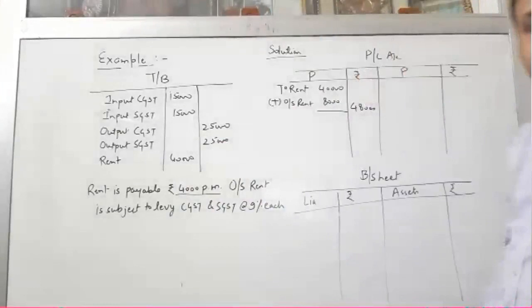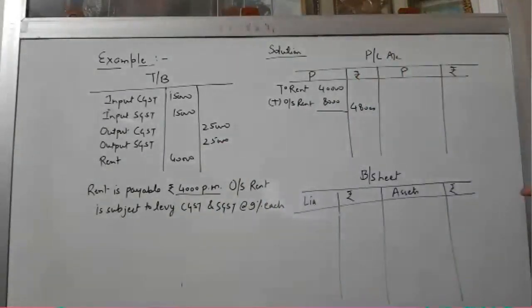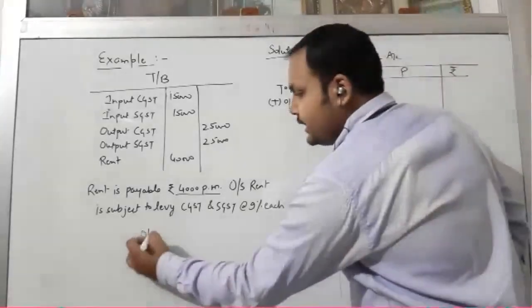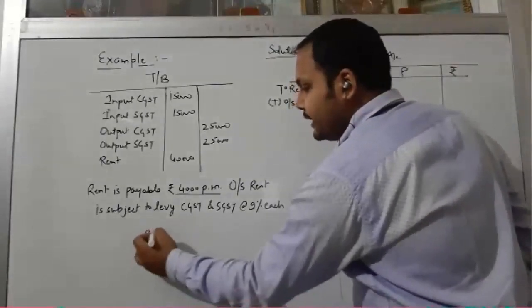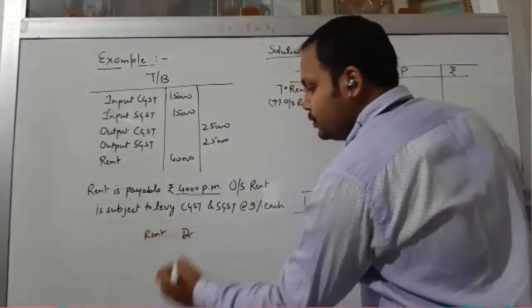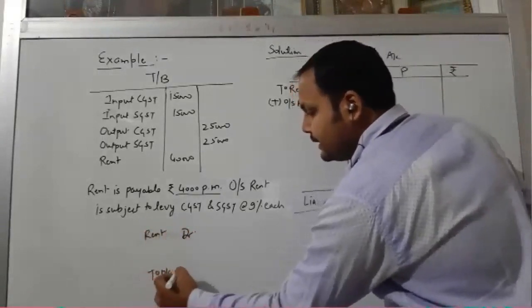So what is the adjustment entry? मैंने आपको already बताया हुआ है कि क्या एंट्री होती है. Okay, so the entry of outstanding rent will be: rent account debit to outstanding rent.